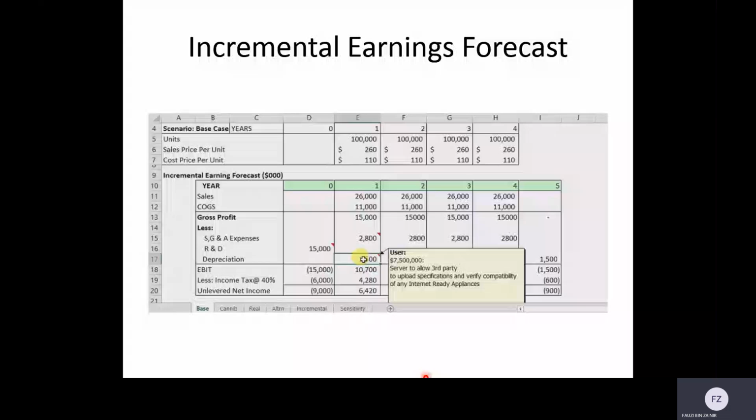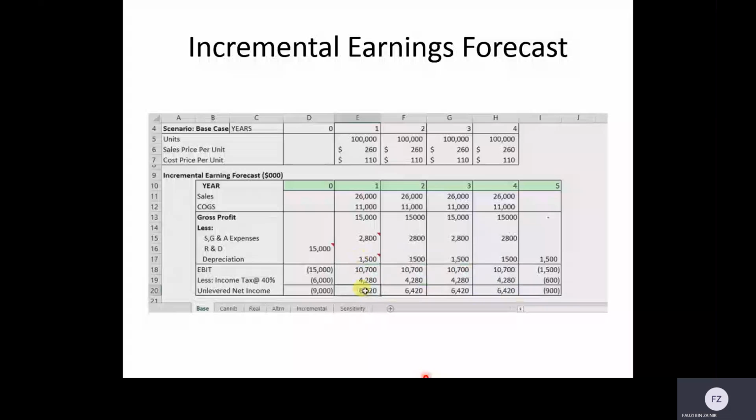Based on straight line depreciation, we divide by 5 years, so each year the depreciation cost will be 7.5 divided by 5, which is 1.5 million. So all in all, our EBIT results from 15 million minus 2.8 million minus depreciation, and we have 10.7 million.